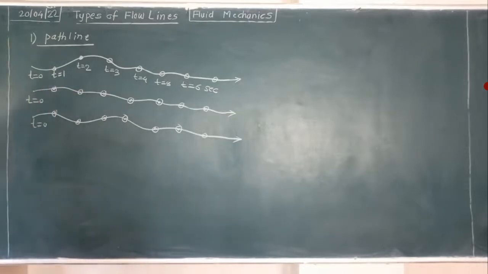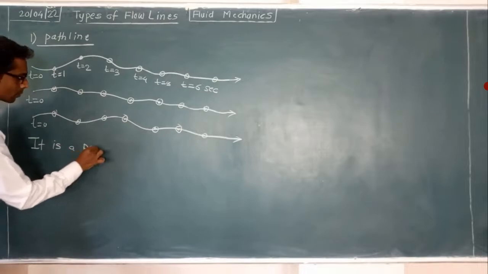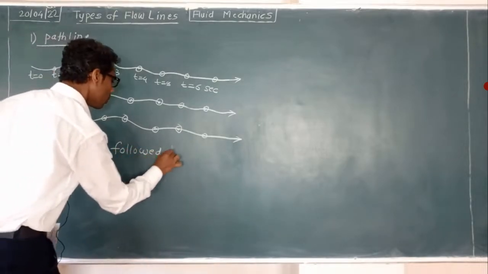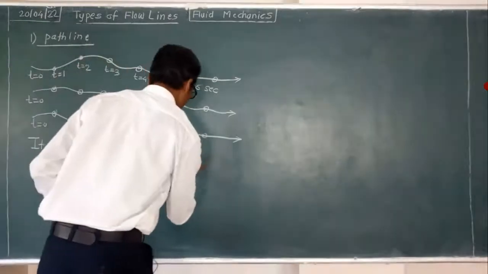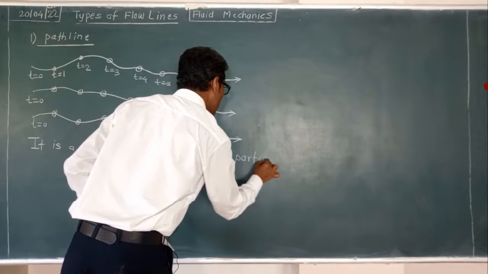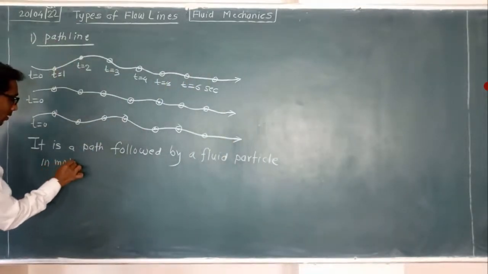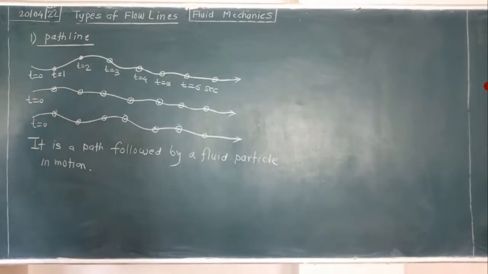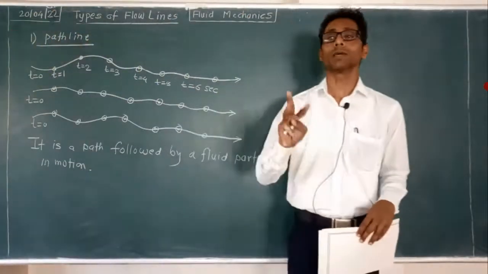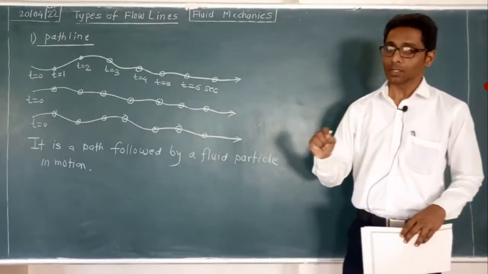So a path line is a path followed by a fluid particle in motion. In the fluid kinematics first lecture, flow description, we took two approaches, the Lagrangian approach and the Eulerian approach.